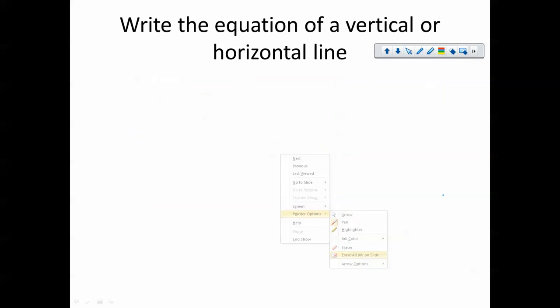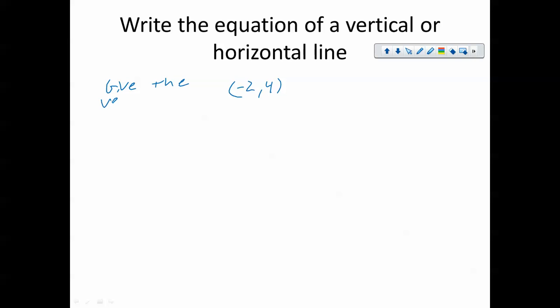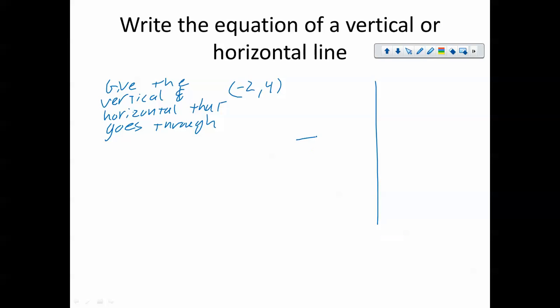I believe you have some questions on your homework tonight that say, give the vertical and the horizontal line that goes through the point (-2, 4), right? So we're actually finding the equation of two lines.